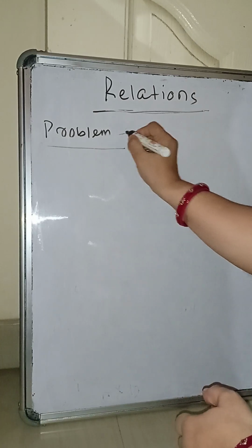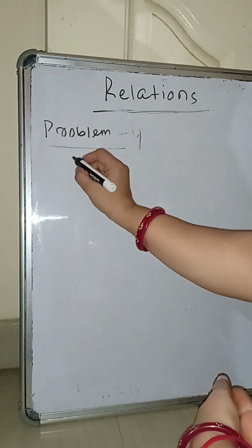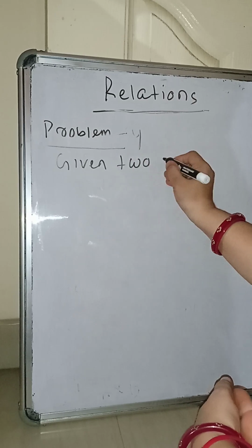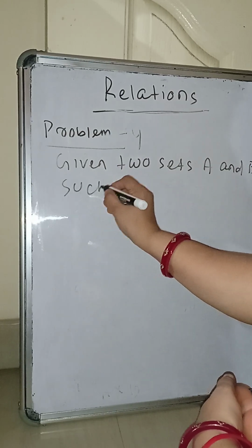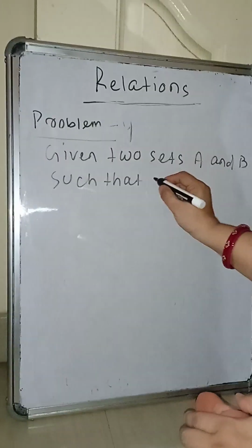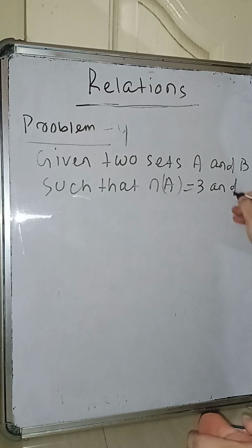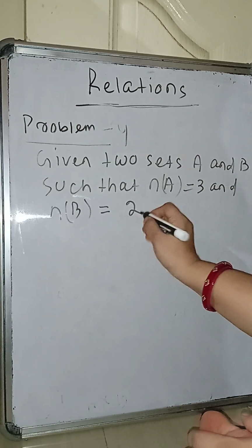After the third problem, next, the fourth problem. Here you are given two sets A and B such that the number of elements of set A is 3 and the number of elements of set B is 2.